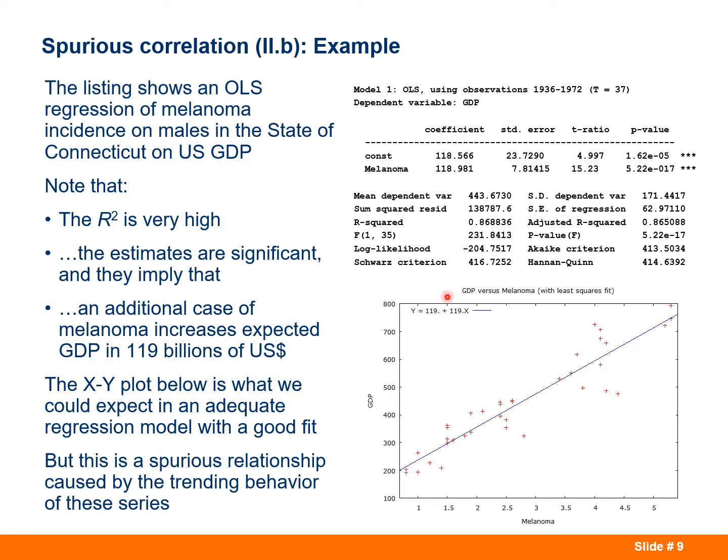And this is the graphical representation of this relationship. So, if we believe that this model is correct, that would imply that an additional case of melanoma within the male population of Connecticut adjusted by age would increase expected GDP by this amount, which is a bundle.